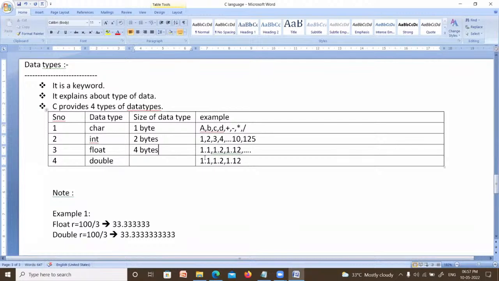Now, this is about data types. What is the note here? Float maintains how many precisions? The float data type maintains 6 precisions.